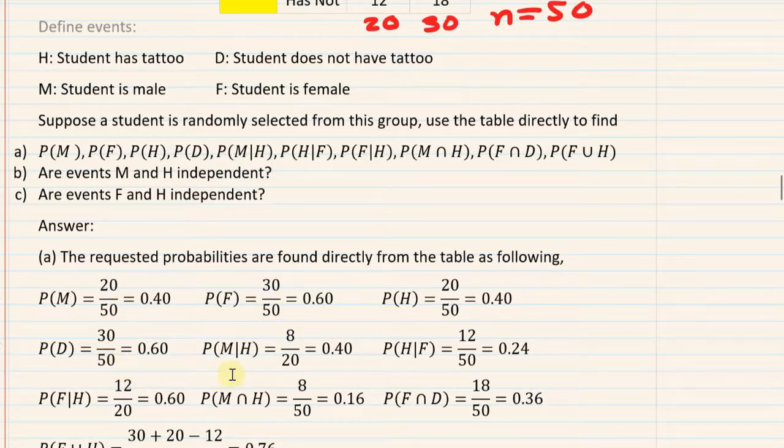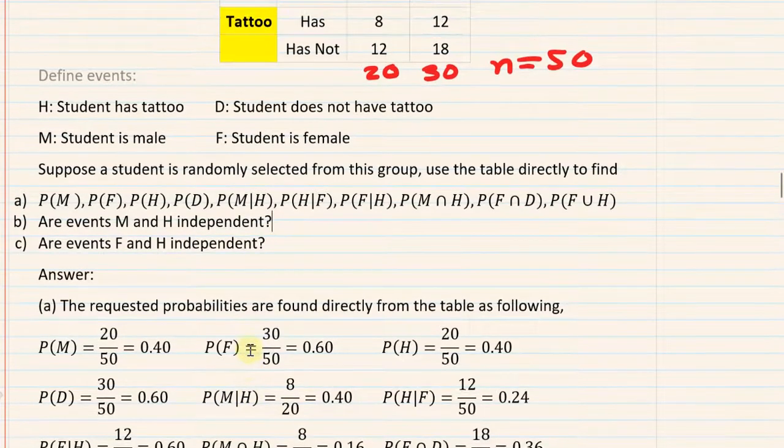Oftentimes what the given an event has occurred does is restrict the sample space to only those that have the condition. So in this example, male given the person has a tattoo, we only look at the people that have tattoos. It looks like only 20 people have tattoos.